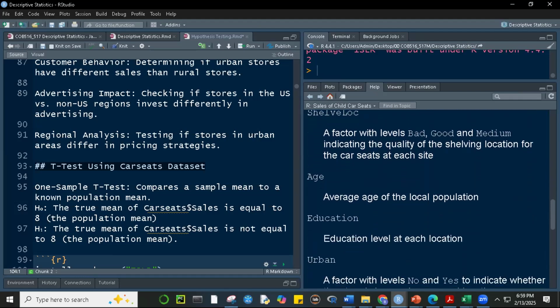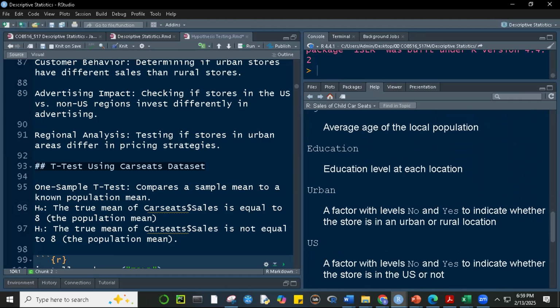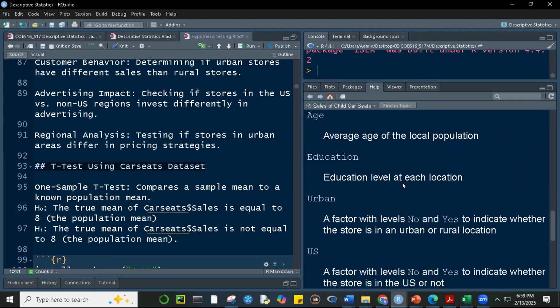And then you have age, the average age of the population, education level at each location, urban, which is a factor with levels no and yes to indicate whether the store is in an urban location or rural location.